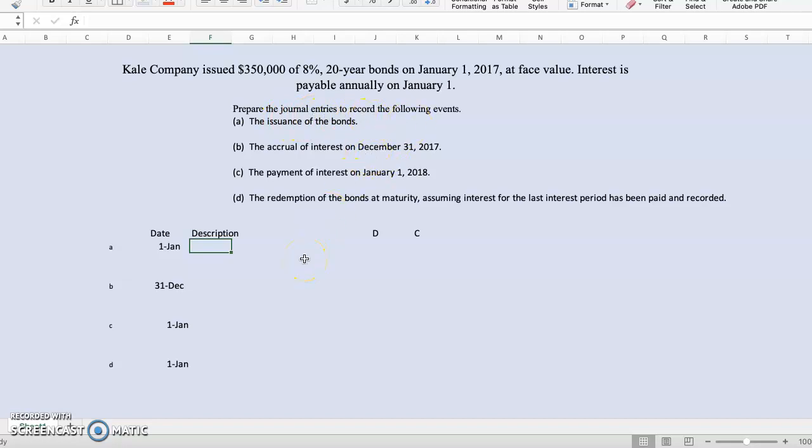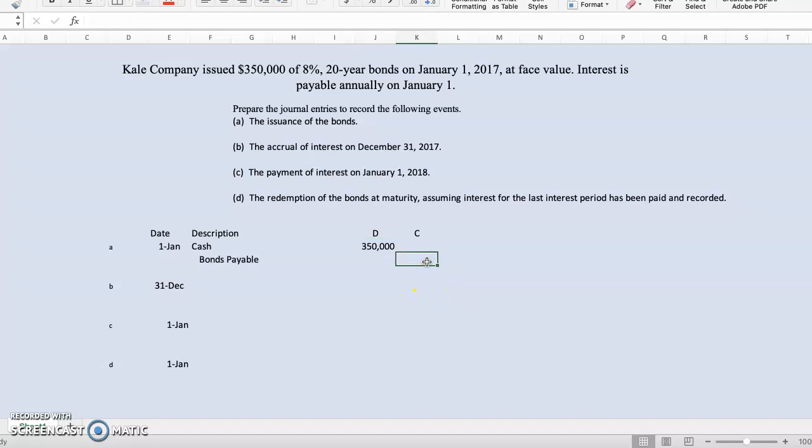So the first one we need to do is the issuance of the bonds. So to issue the bonds, we will debit cash and we will credit bonds payable. And since it's at face value, we're just going to do 350,000, which is the amount of the bonds payable.